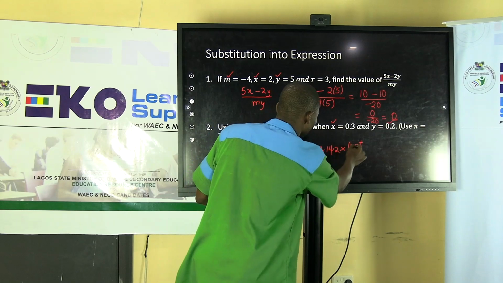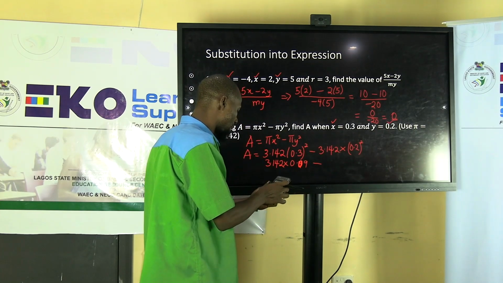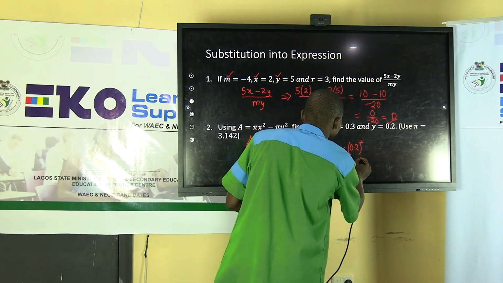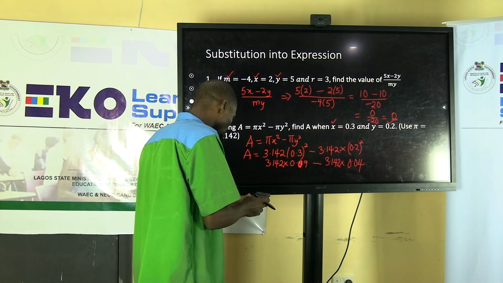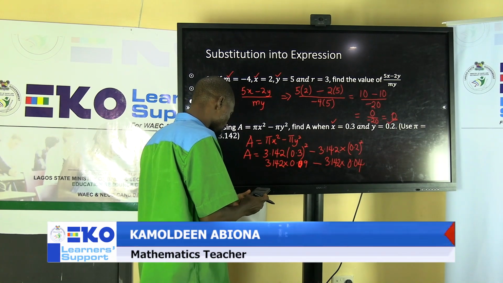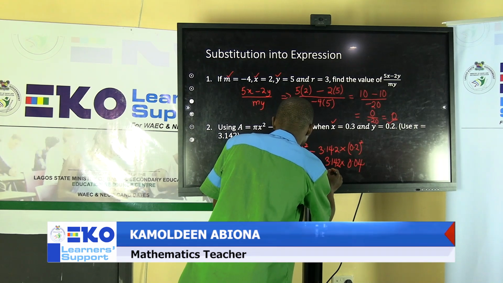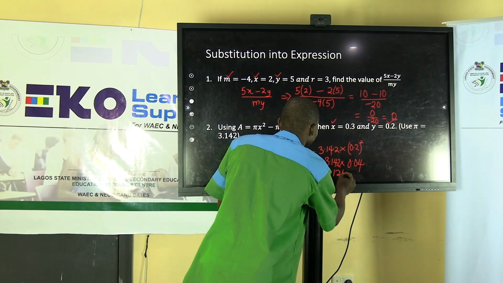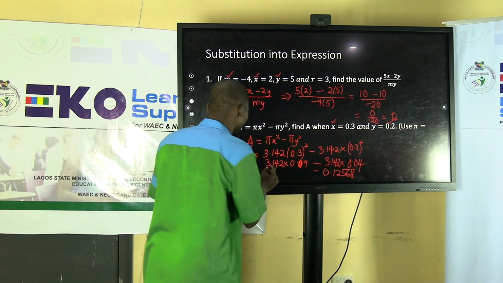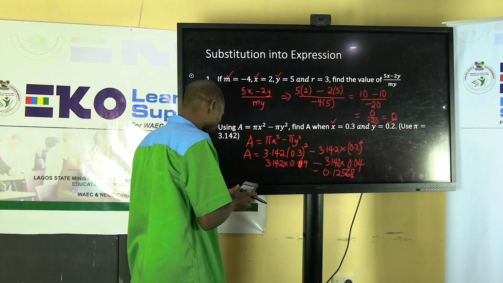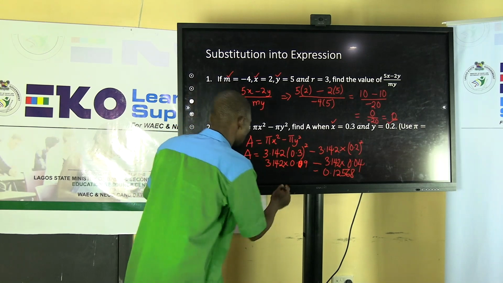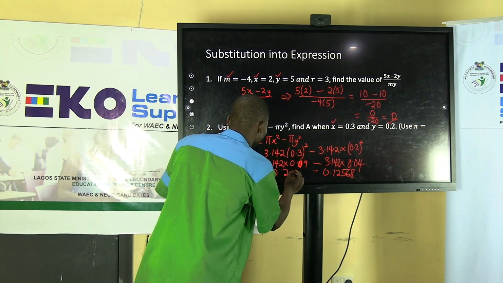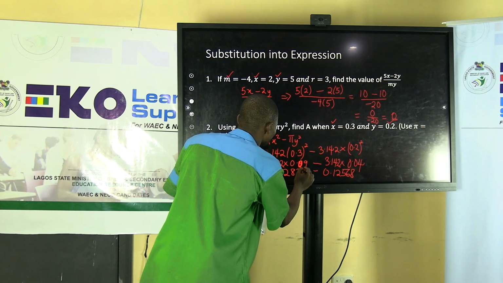Alright. Minus. You do the same thing. 0.2 squared. That will also give us 0.04. Multiplied by 3.142. For this we have 0.12568, and when you multiply 3.142 by 0.09, we have 0.28278.